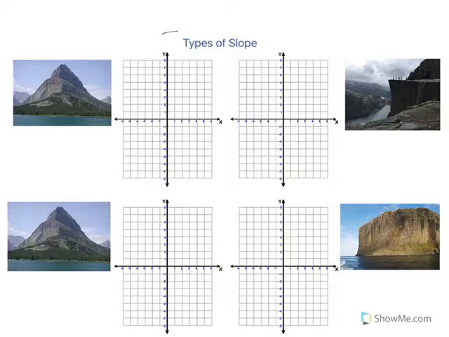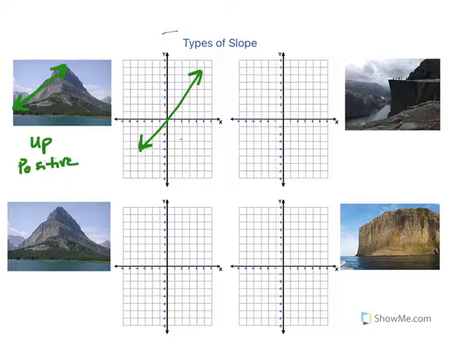So to connect types of slope to the real world, if we look at a mountain here, if a line is going up like this, think about it going up the mountain, we say it's a positive slope, and the line would look like this.